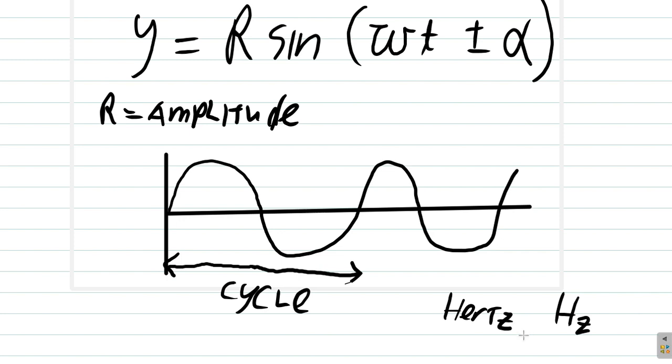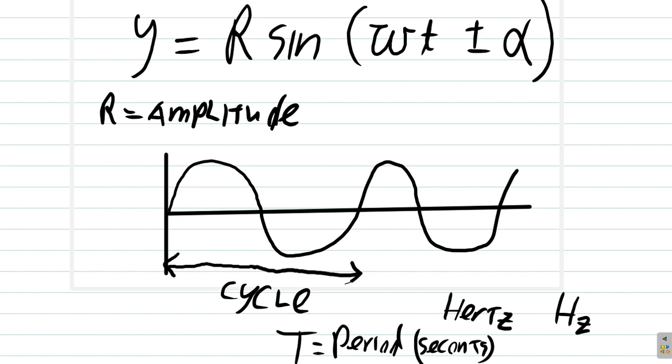Sometimes I put a little cross on my Z so that it doesn't look like 2. And how long it takes for one cycle to be completed is called the period. It's measured in time, so it is in seconds. Sometimes they use uppercase T to represent the period of the graph. So just a quick reminder of these things.